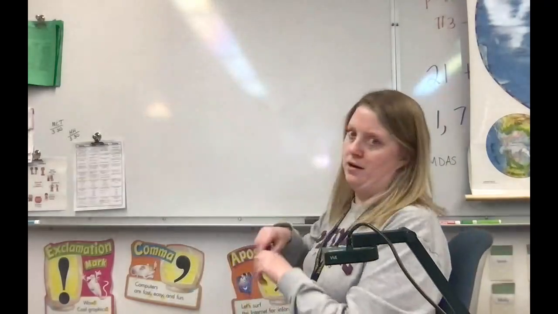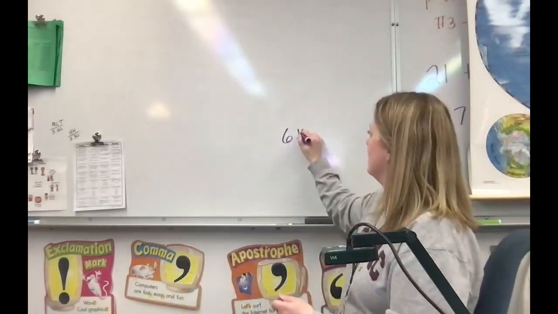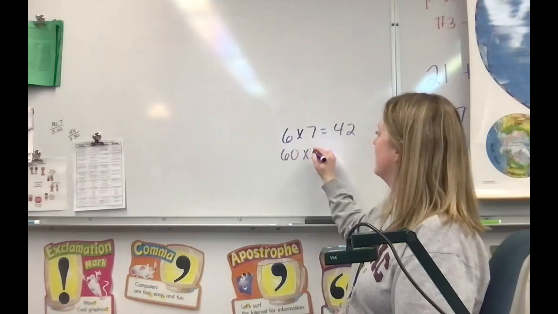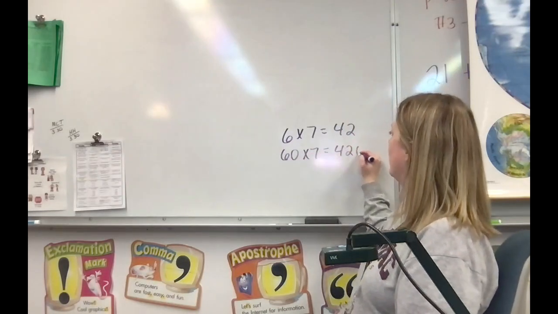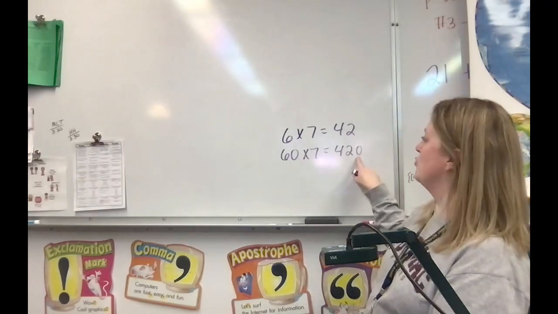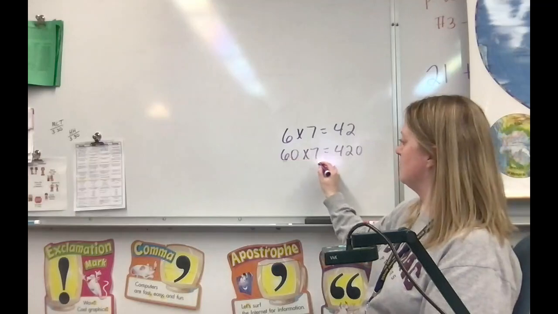It's kind of like in fourth grade, when we would look at patterns, like if we were doing 6 times 7 equals 42, then 60 times 7 equals 420. We were looking at the patterns of how you would put a 0 onto the answer if you knew 6 times 7.